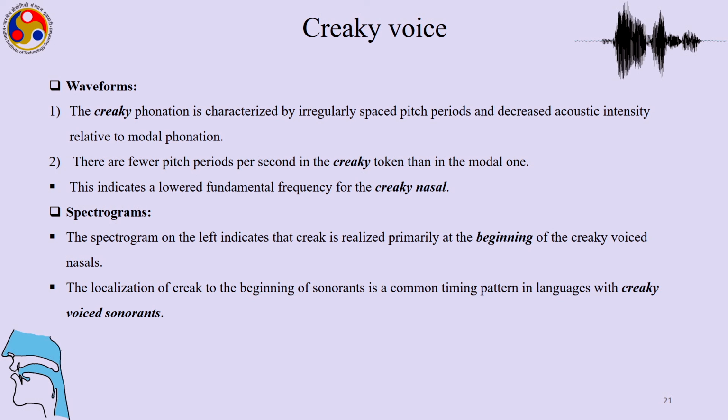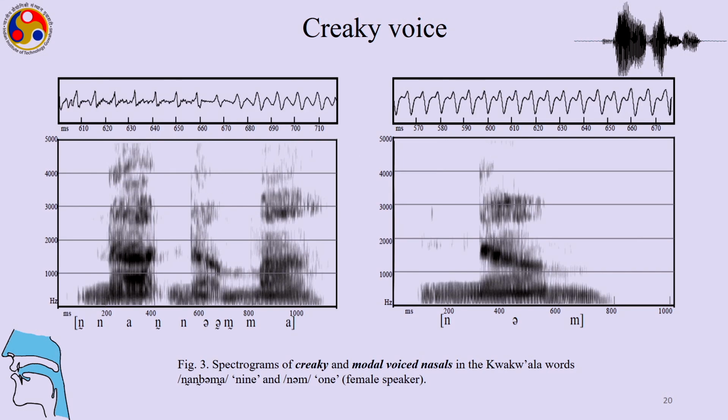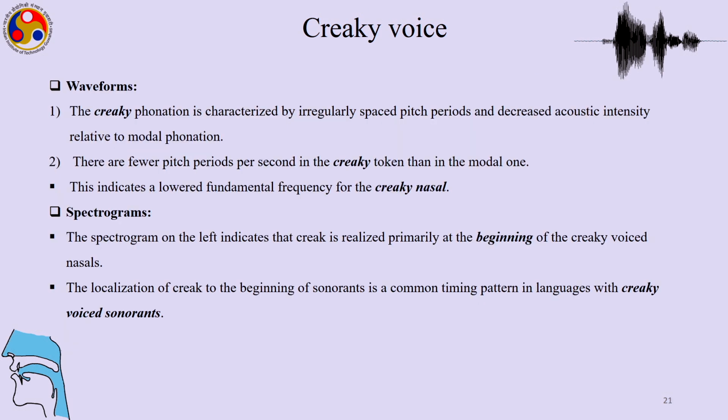So, irregularly spaced pitch periods, which you just saw, and decreased acoustic intensity, which you will also see here. And there are fewer pitch periods per second in the creaky token than in a modal one, so lowered fundamental frequency is one characteristic of creaky nasals.